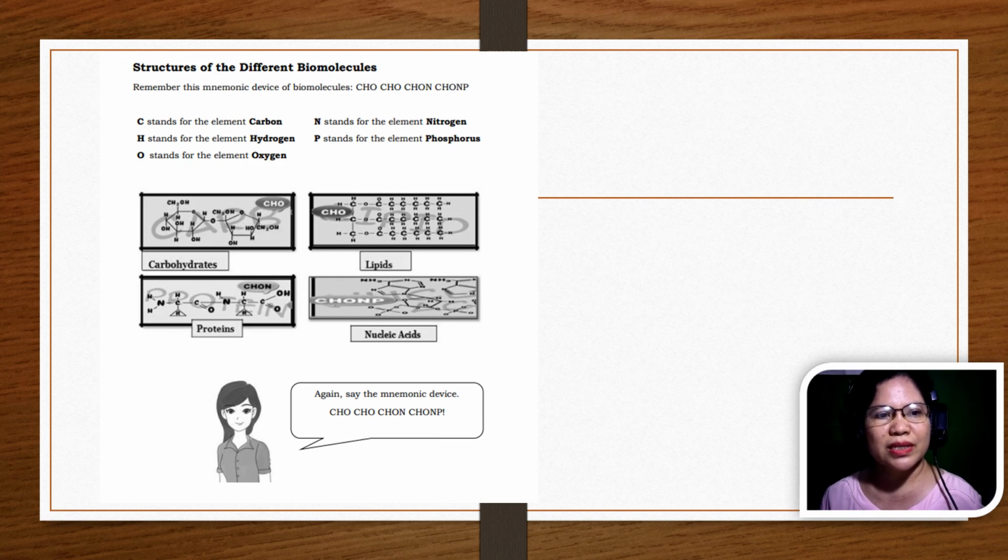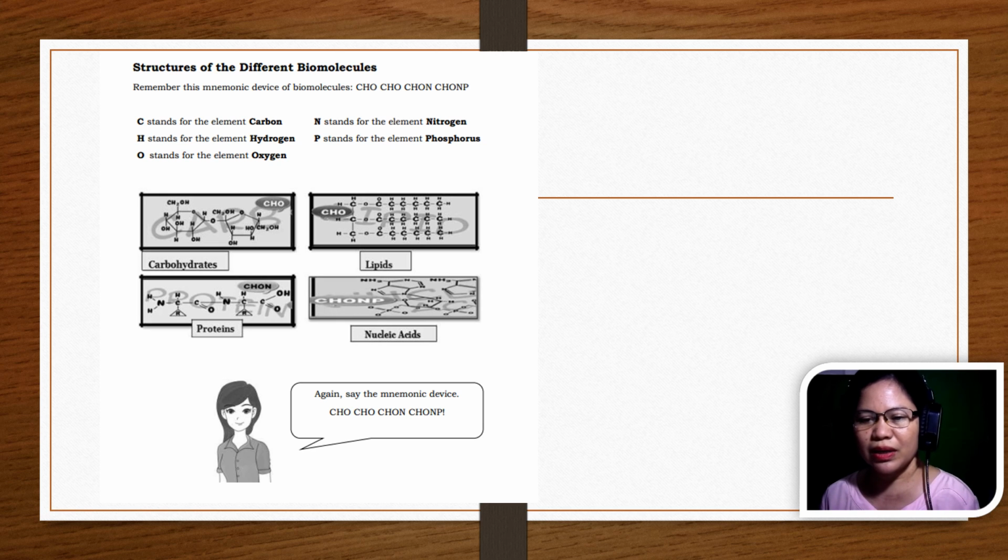So we have here the structure of the different biomolecules. For carbohydrates, you have CHO. Then for the lipids, you have carbon, hydrogen, and oxygen. For proteins, you have carbon, hydrogen, oxygen, and nitrogen. While for nucleic acids, you have CHONP. What is CHONP?